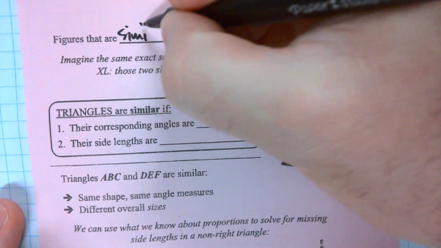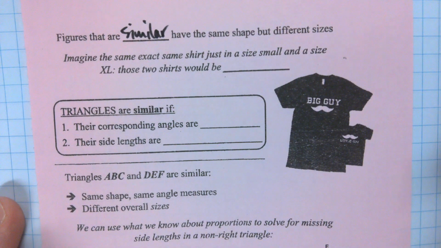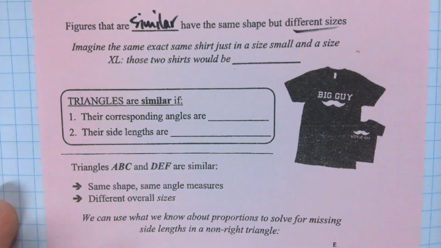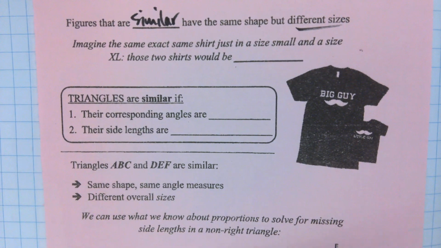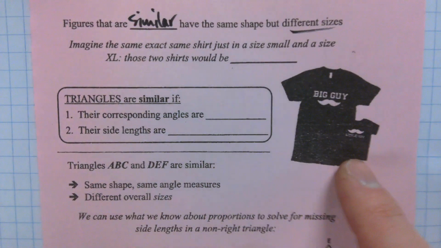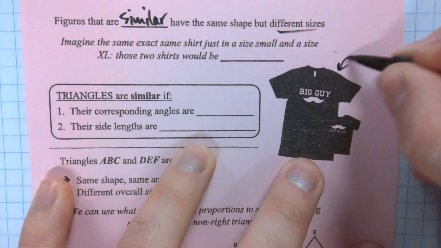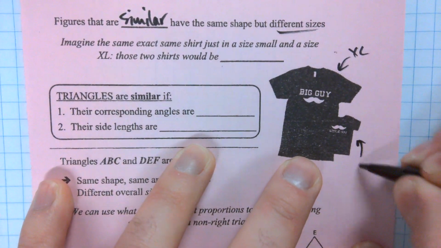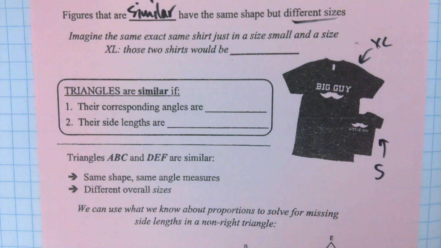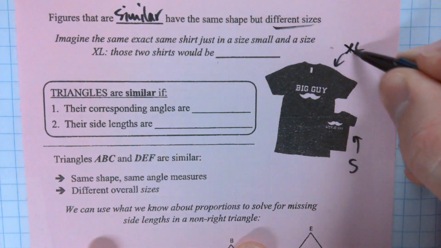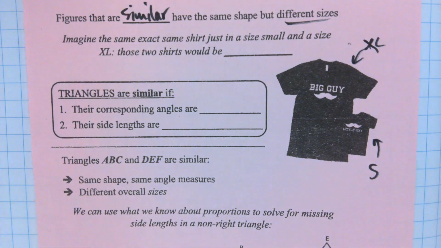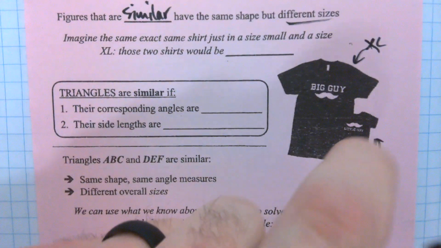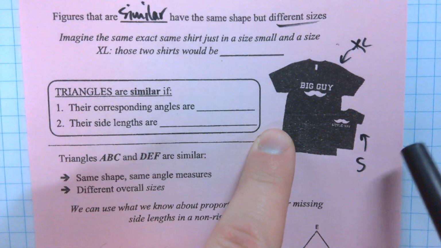So figures that are similar, like we said, have the same shape, but different sizes. Imagine the exact same t-shirt. One's in a size small, one's in a size XL. Right? Just because it's an extra large doesn't mean the sleeves are now long sleeves. If it's the same shirt, they're similar figures.